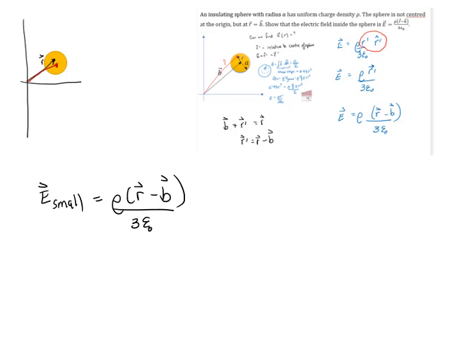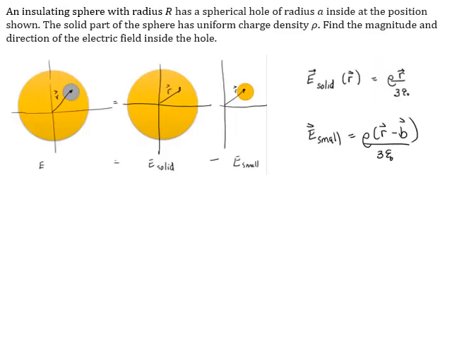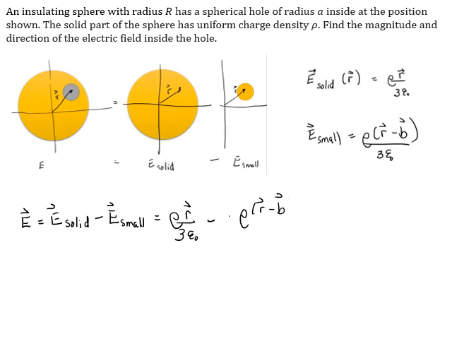Okay, now we just have to put it together. So now to finish, we know that our electric field of our sphere with the hole taken out is equal to the electric field of the solid sphere, subtract the electric field due to the little hole that we drilled out. So let's fill in those values. Rho times r divided by 3 times epsilon naught, subtract rho times r minus b divided by 3 times epsilon naught.